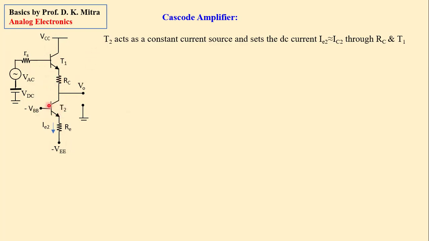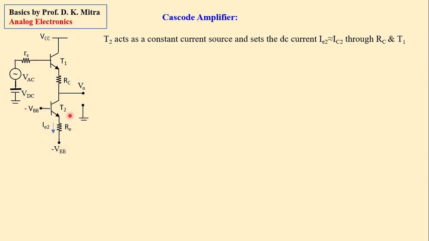This T2 acts as a constant current source because this is fixed. VBB you have decided, VE also you have decided. So it drives a constant current IE2. Current is 99% equal to IC of the T1 transistor, emitter collector current, right?